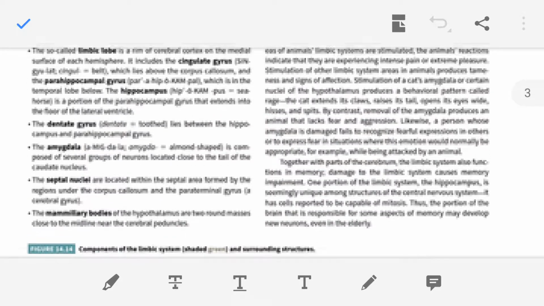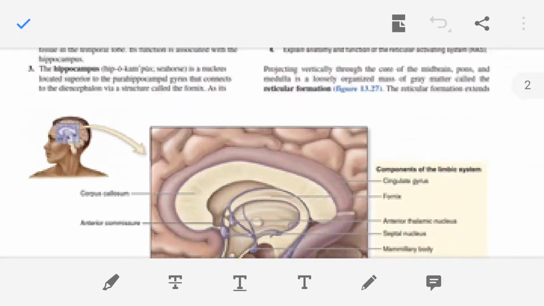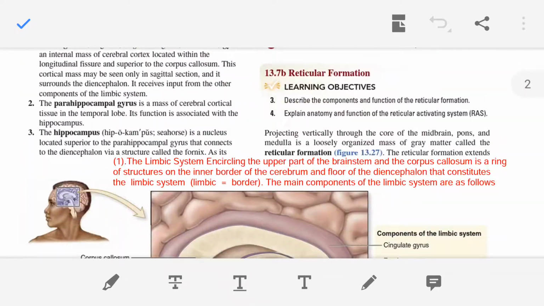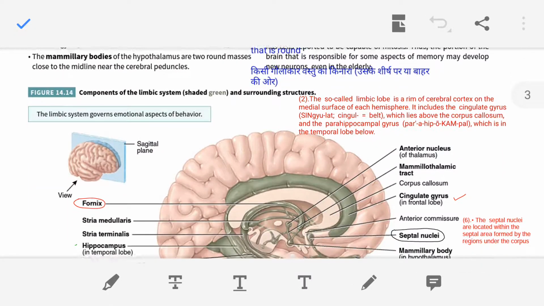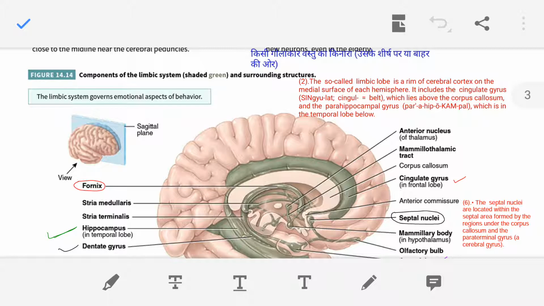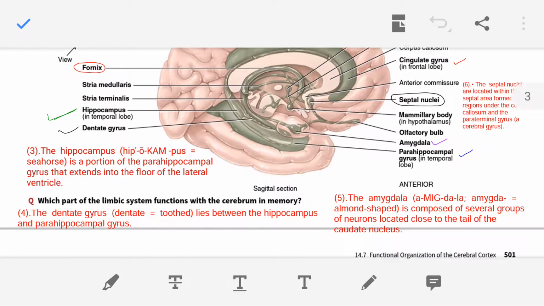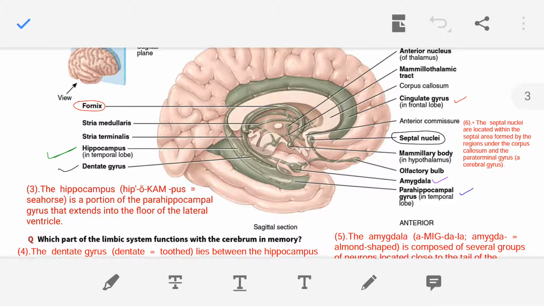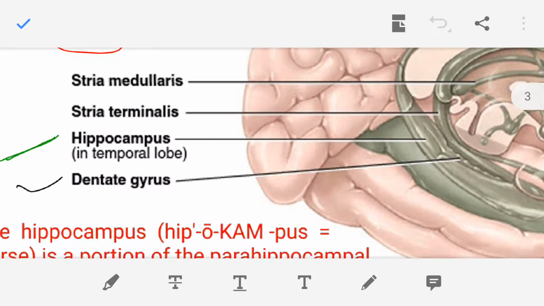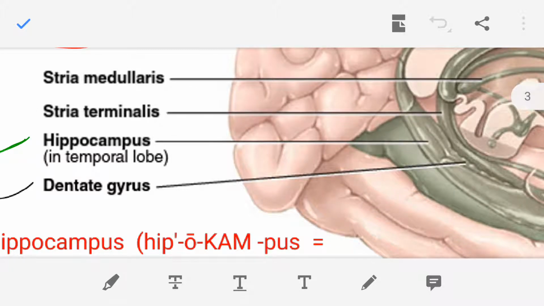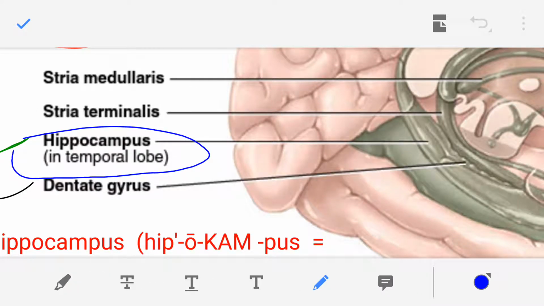So in the second point we were discussing the limbic lobe. Now we are discussing the third point, hippocampus. See, hippocampus is present in the temporal lobe.